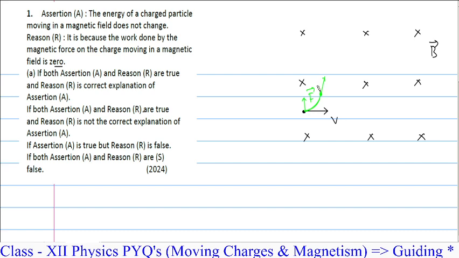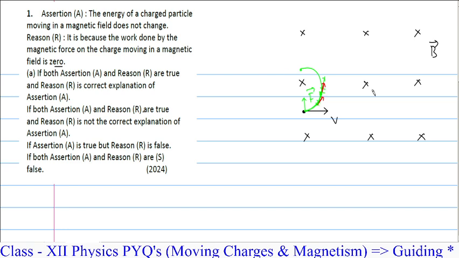For any elementary displacement, that displacement is tangential to the path. So the charged particle will undergo some sort of semicircular path, and after that it will exit from the field over here.